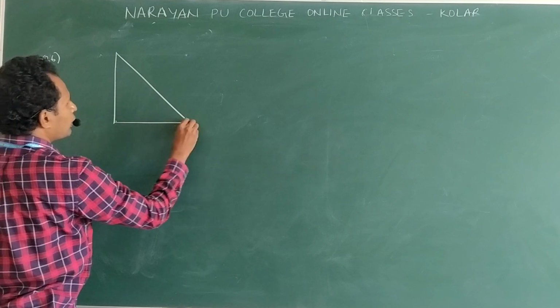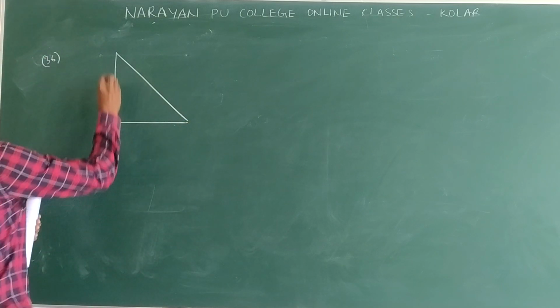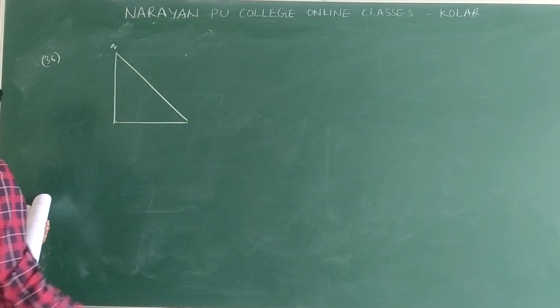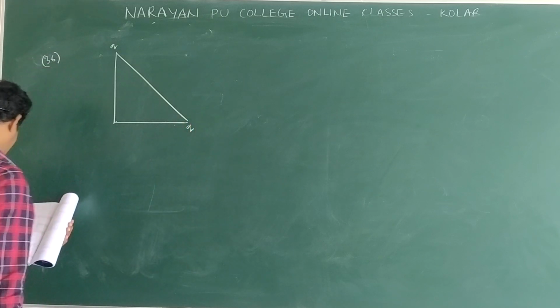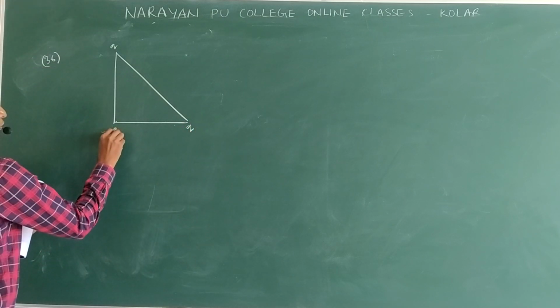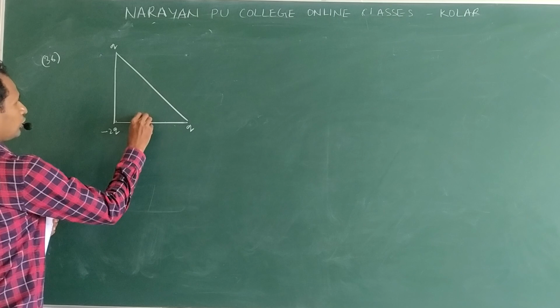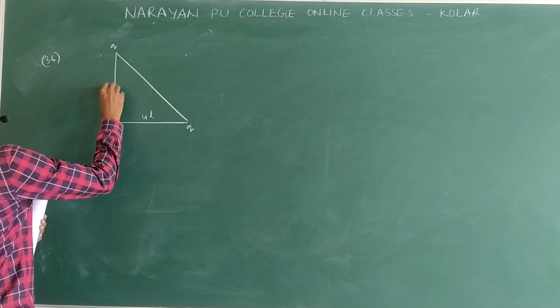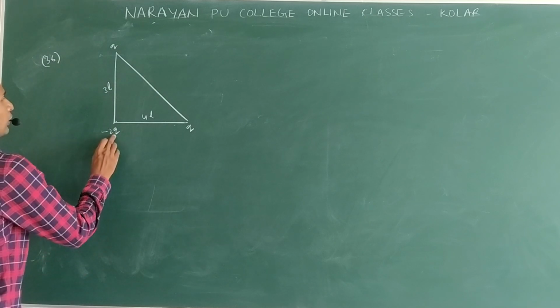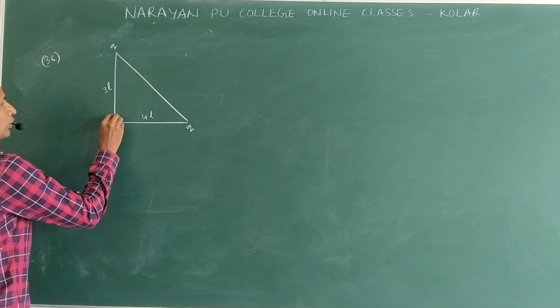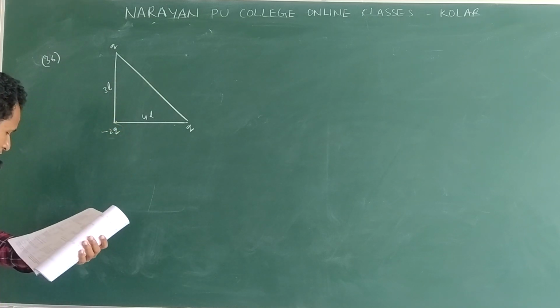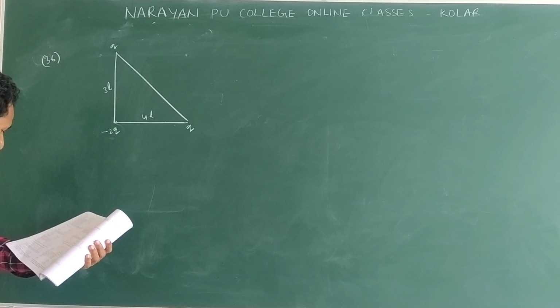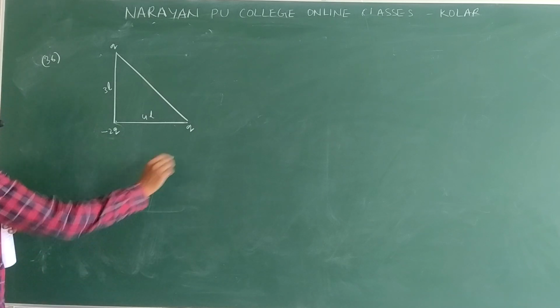The arrangement of charges is given like this: Q, and minus 2Q. This length is given as 4L and this length is given as 3L. In this question they are asking the magnitude of the electric dipole moment of the system.